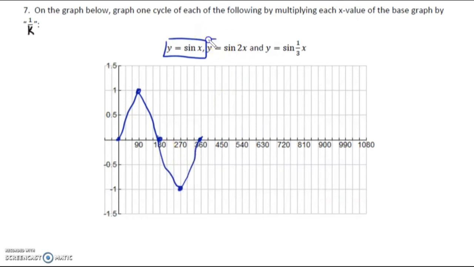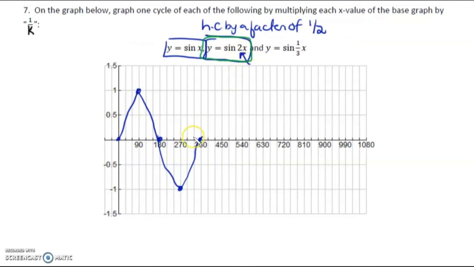This time what's happening here is a horizontal compression by a factor of 1 over 2. Remember, this looks like a 2, but it's actually the reciprocal of whatever number this is, so it's 1 over 2. I'm going to box this in green.